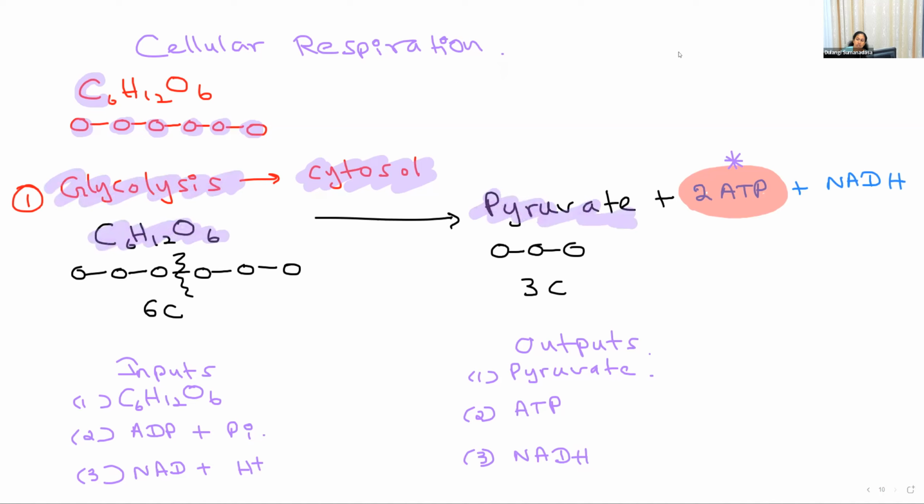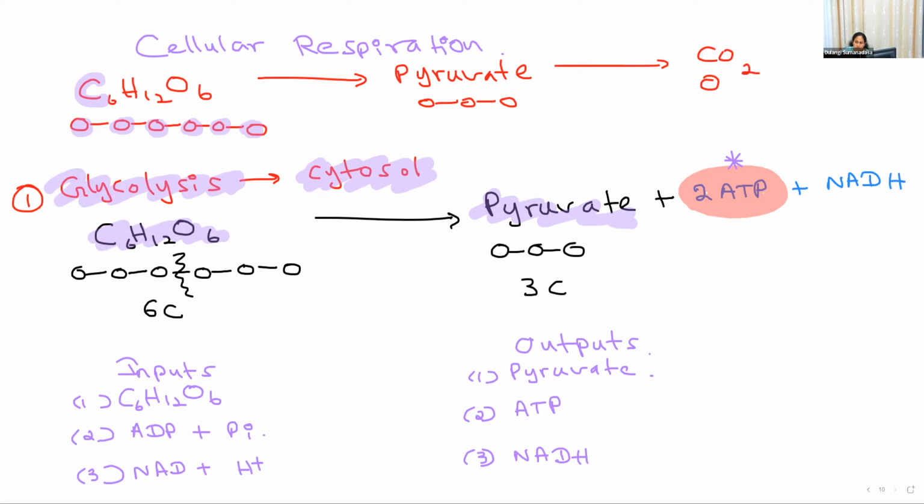So I now have 3 carbon pyruvate. During glycolysis, we have half the glucose molecule. We have a 3 carbon compound, which can be further broken down in the Krebs cycle until it becomes 1 carbon dioxide.